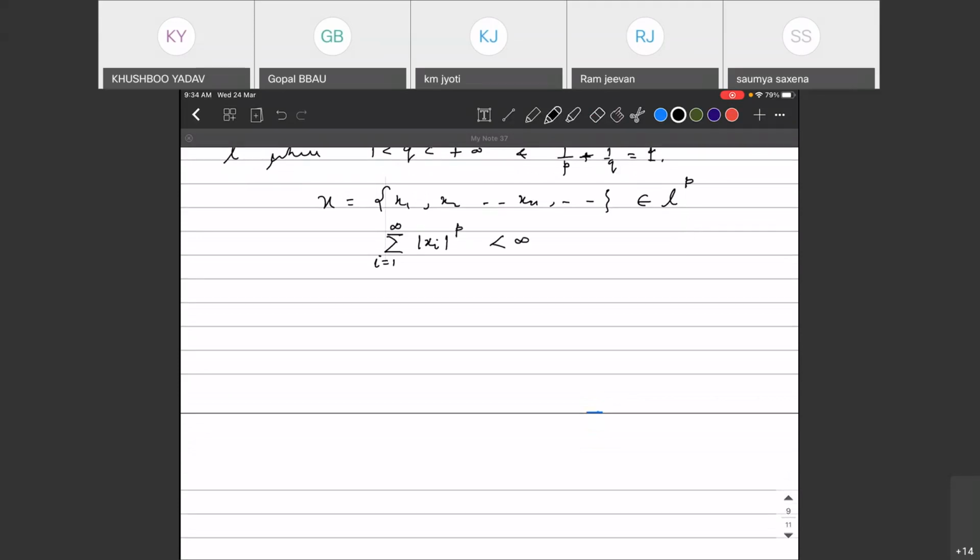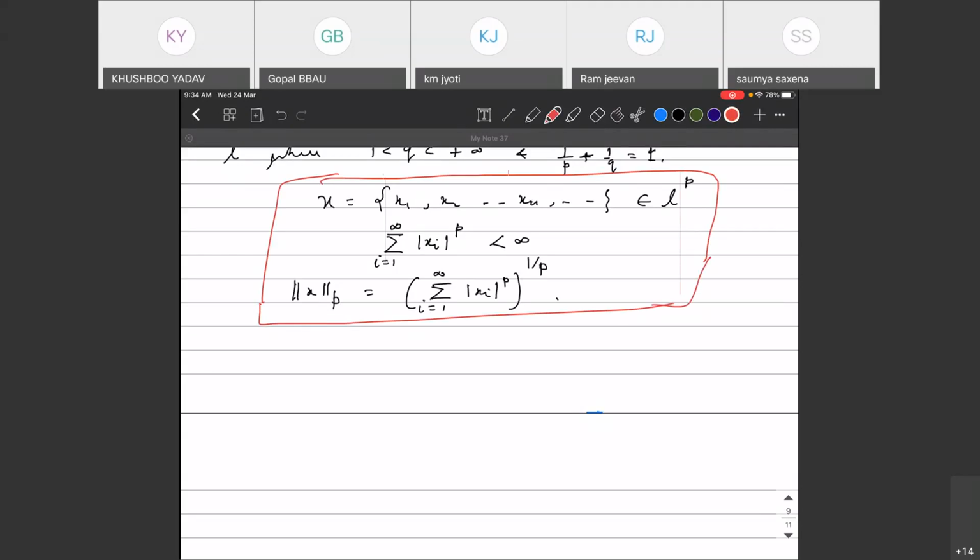So this should be finite. Okay, and when we take norm xp, it is summation i from 1 to infinity mod xi power p, whole power 1/p. Correct? So this is for future reference.